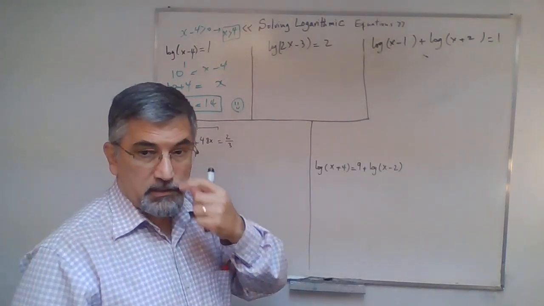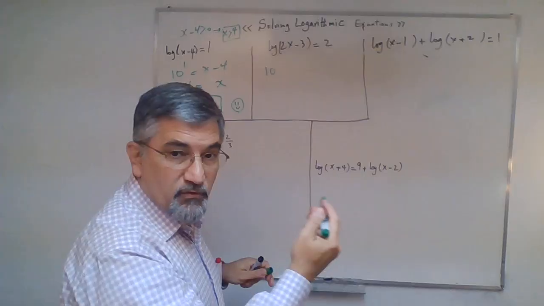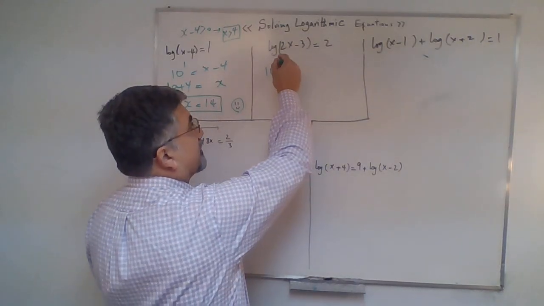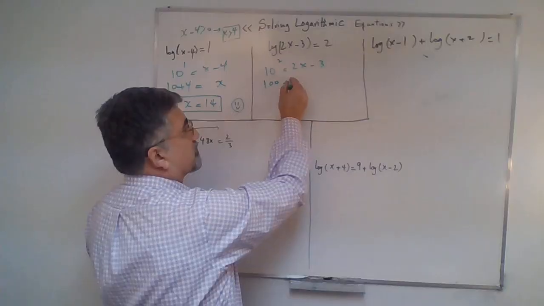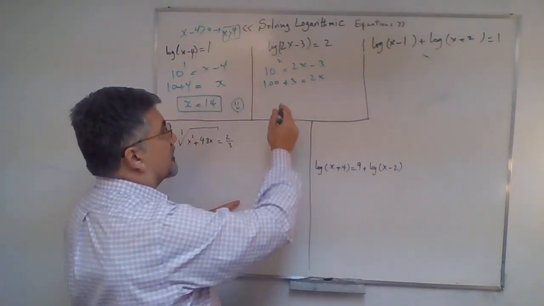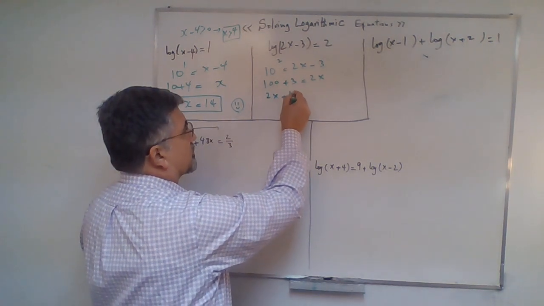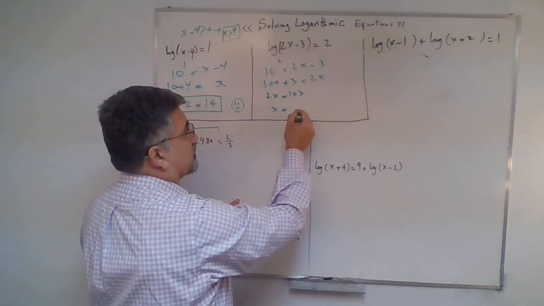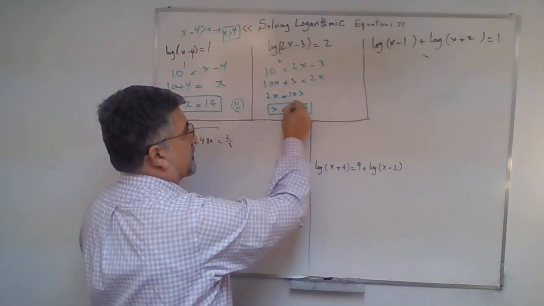This one, again, similarly, the base of the logarithm, which is 10, a common logarithm, raised to the exponent of 2 equals 2x minus 3. That means 100 plus 3 is 2x, right? And then from there, 2x equals 103, or x would be actually 51.5.